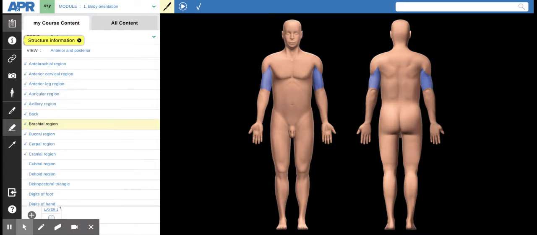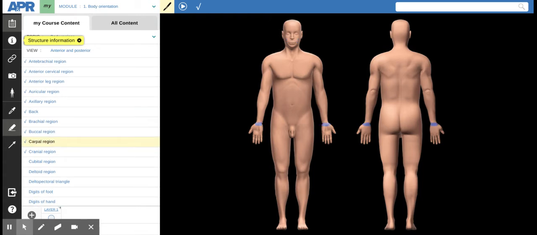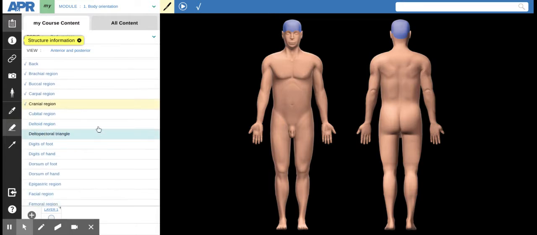The brachial region being the upper arm. The buccal region being the cheeks. Carpal region being on the wrists. The cranial region meaning the head. The cubital region meaning the elbow.